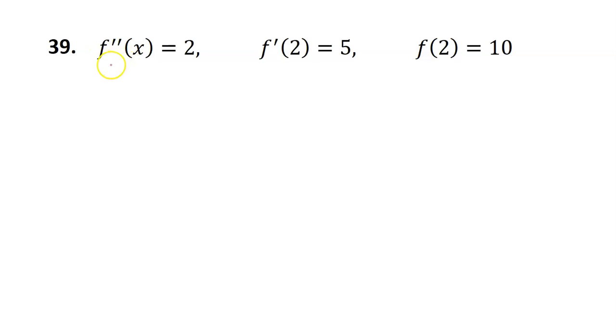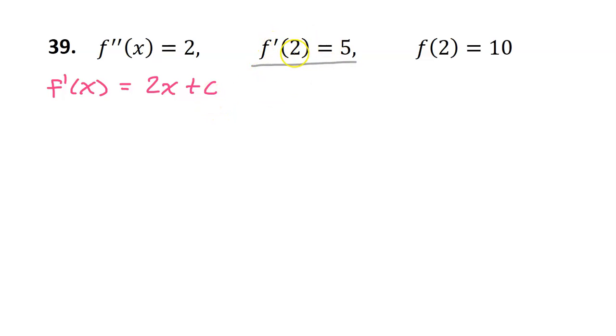So let's take the antiderivative of both sides of this tiny equation. The antiderivative of f double prime is f prime. The antiderivative of 2 is 2x plus c. We will now use this initial condition to find the value of c.